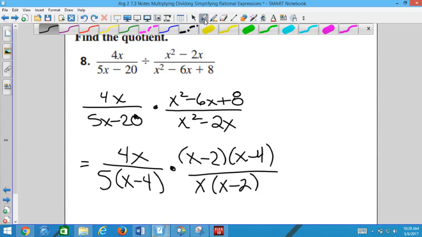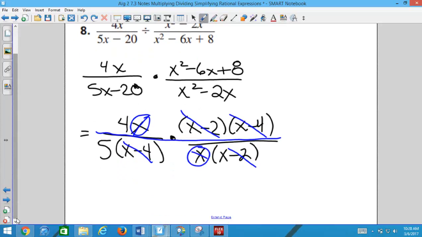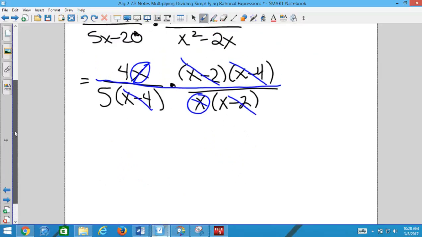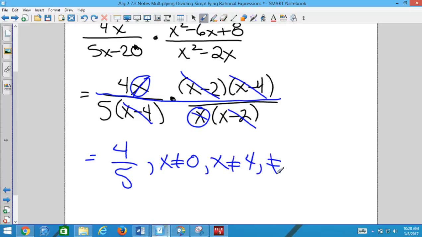And we're multiplying, so we see if there's anything that will cancel. And we can cancel out 3 factors. So once you have all that canceled, you get 4/5. And you have to write your exclusions. x cannot equal 0. x cannot equal 4. And x cannot equal 2. So those are things that I canceled out that aren't in the denominator of the original, or of the answer.